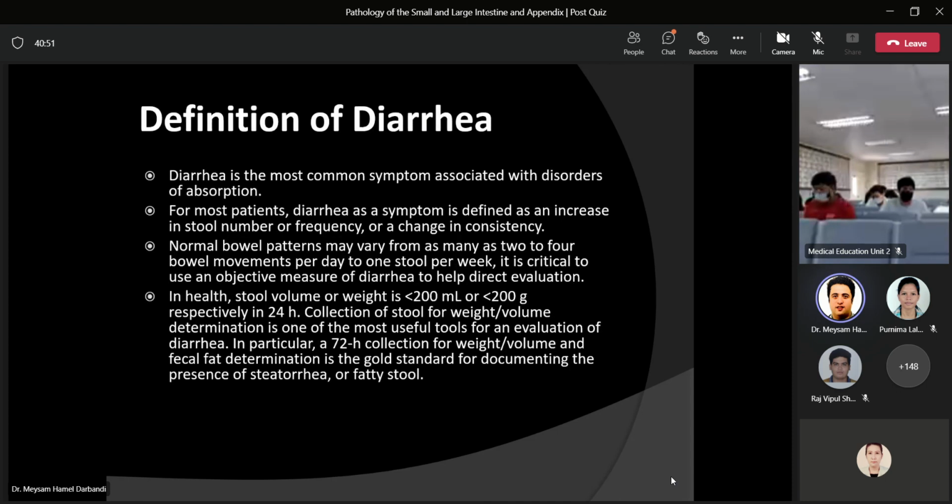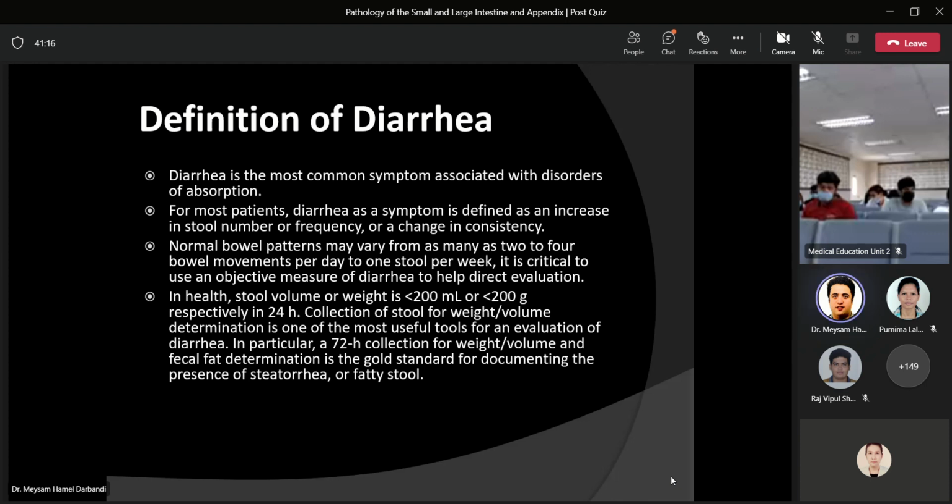According to Harrison, what is the definition of diarrhea? Diarrhea is the most common symptom associated with disorders of absorption. For most patients, diarrhea as a symptom is defined as an increase in stool number or frequency, or a change in consistency.